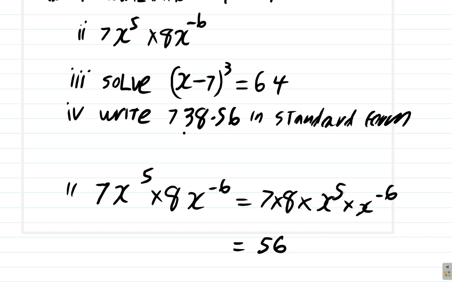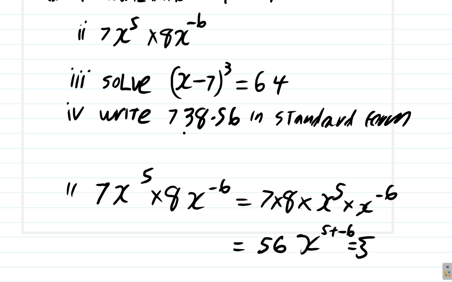Now we will have x raised to the 5th power times x raised to the negative 6th power. And in this case, it's going to be x raised to the, add the indices, 5 plus negative 6. 5 plus negative 6 is the same as 5 minus 6, which is negative 1.